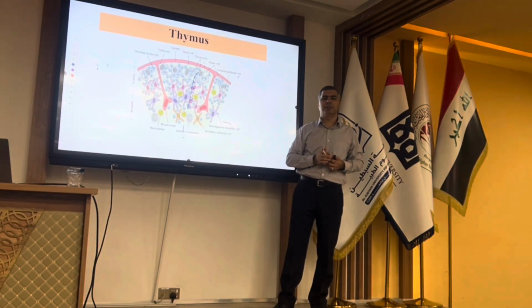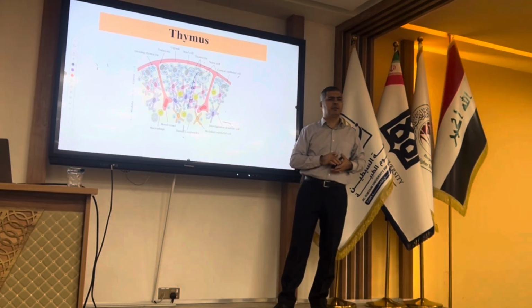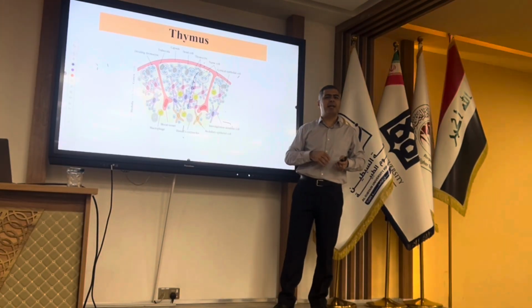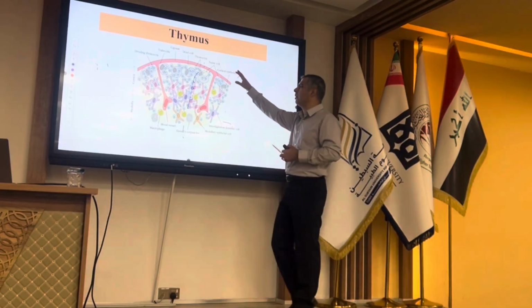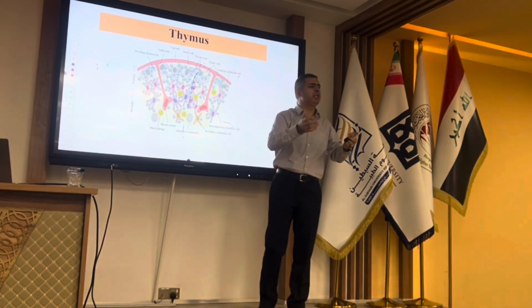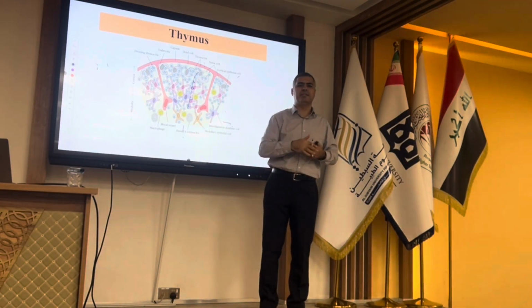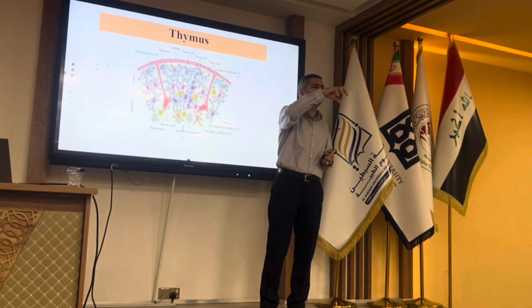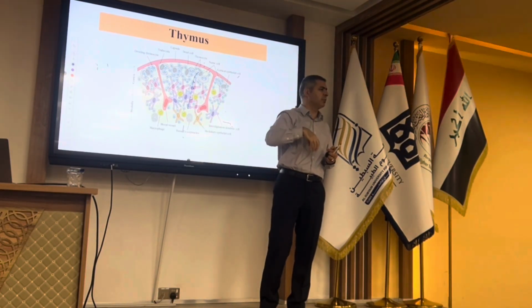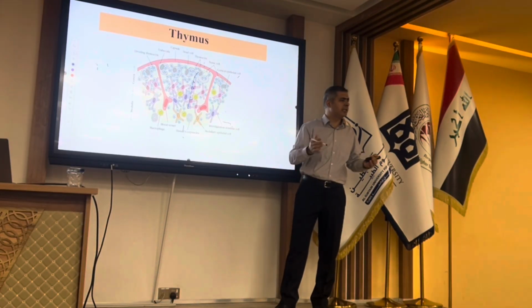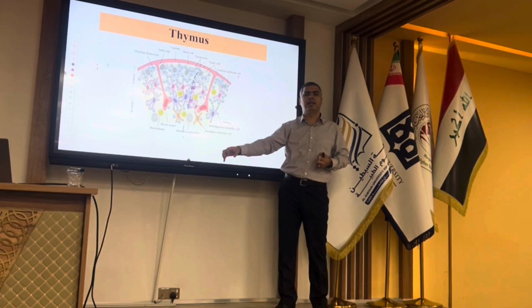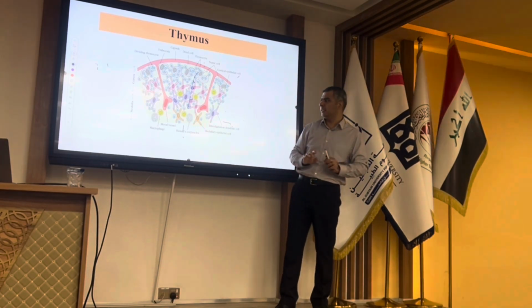What's the reason behind it? Because we have a process of tolerance induction, and we have a random production of TCRs on the T cells. Some of them are autoreactive, self-reactive cells, and those are eliminated by apoptosis, and only 5% of them are not self-reactive and can leave the thymus. I'll talk about it in the tolerance lecture.